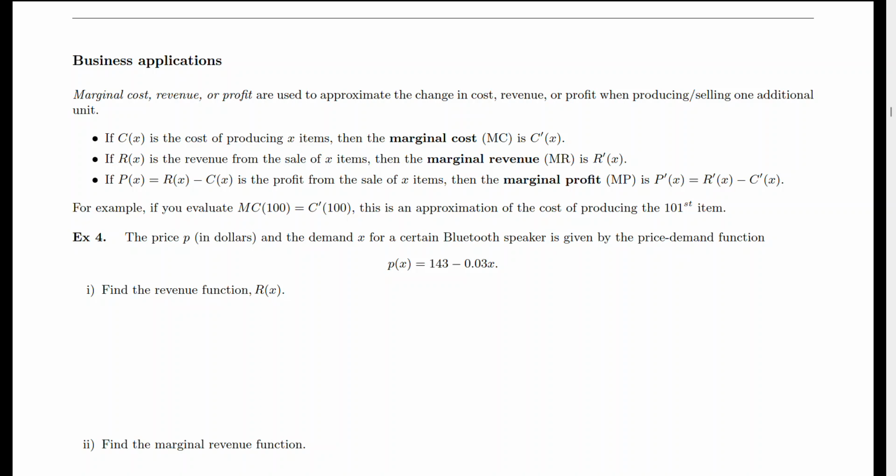And these are used to approximate the change in cost or revenue or profit when we produce or sell one additional unit or item. So for example, if I ask you to calculate in a certain problem the marginal cost of 100, that means I'm asking you to find the derivative of the cost function, then plug in 100 into it. And what that number is, it's an approximation for the cost of making the 101st item.